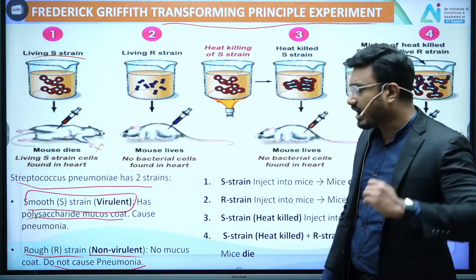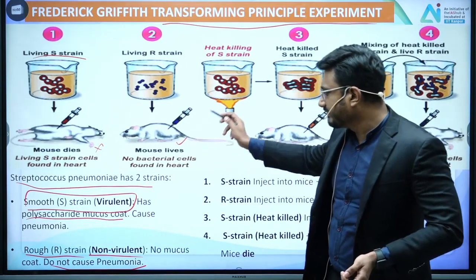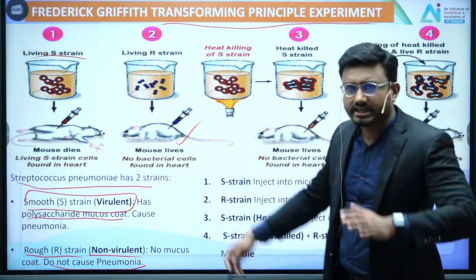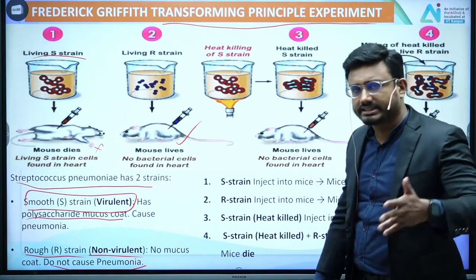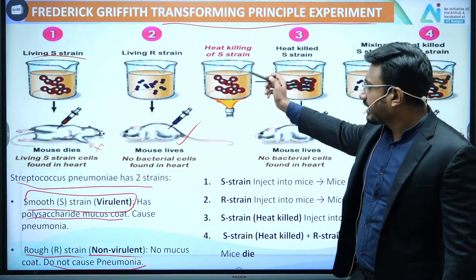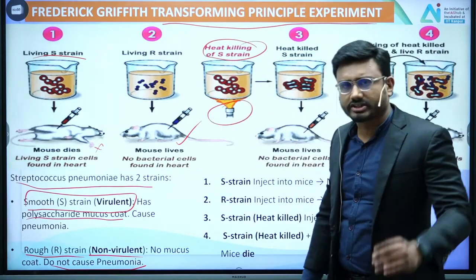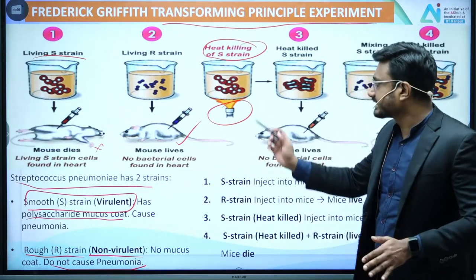But we can see that after injecting the R strain, the mouse is living, because the R strain does not cause any type of disease. Then the S strain bacteria is heat killed. By using heat, we are killing the S strain bacteria.